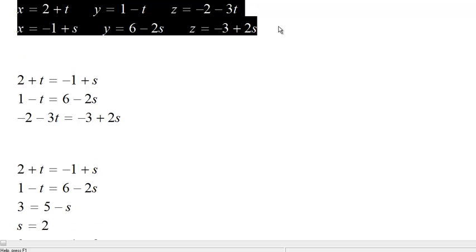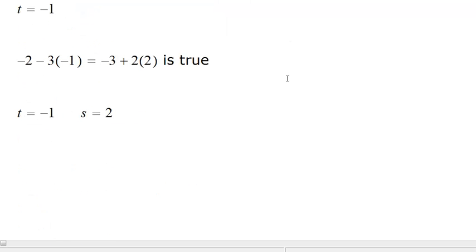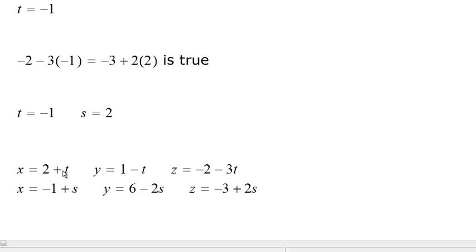just obtain the original equations of the lines. All right, and just put t equals -1 here. Here we got -1. Okay, and here we have -1 again.